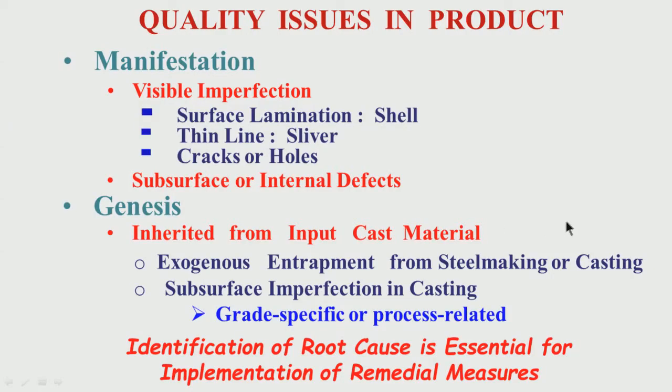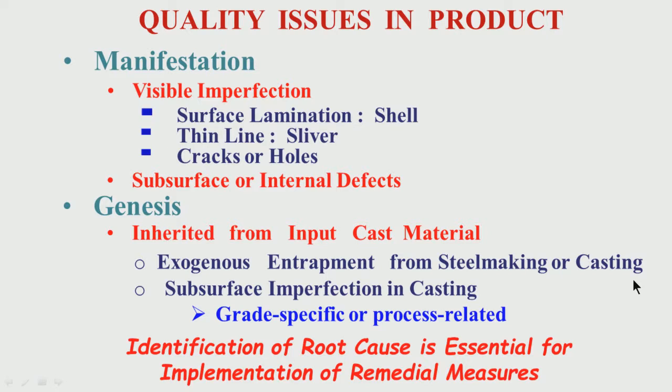Now genesis, as I have told you, it can come from the input cast material. If it comes from the input cast material, then what are the possibilities? I have told you the two broad categories. Either they are exogenous entrapment from steel making or casting. That means steel making means either during secondary refining, or in the tundish from the ladle, or during casting itself from the mold, there may be entrapment, mold slag may be entrapped.